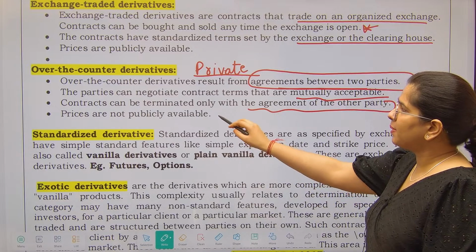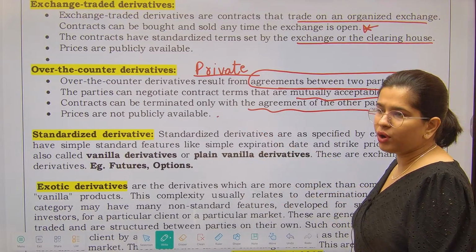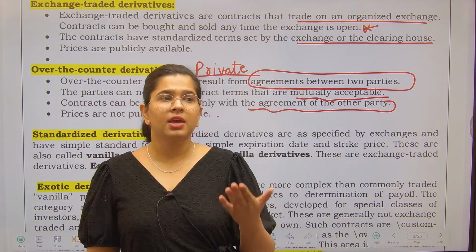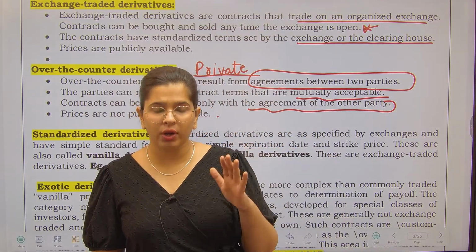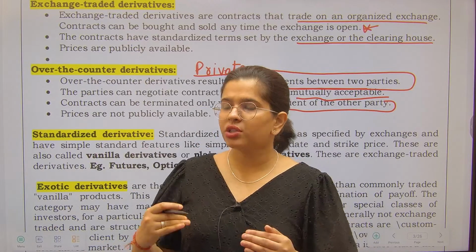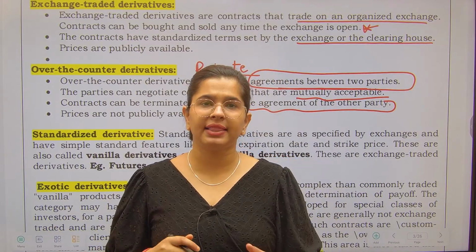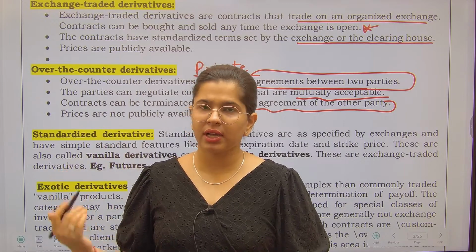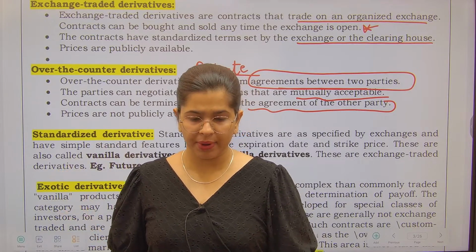Why will they not be available publicly? Because they do not know the correct valuation. In the exchange traded contracts, you exactly know what the valuation is, because of the frequent buying and selling that happens, you get to know the pricing. But in case of over the counter, you do not get to know the pricing.